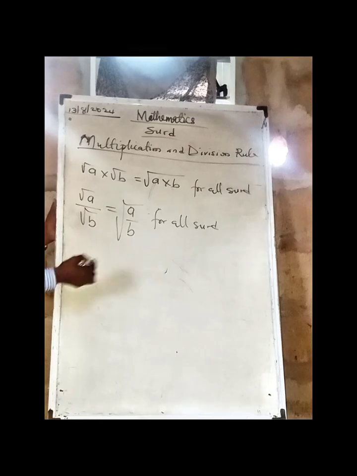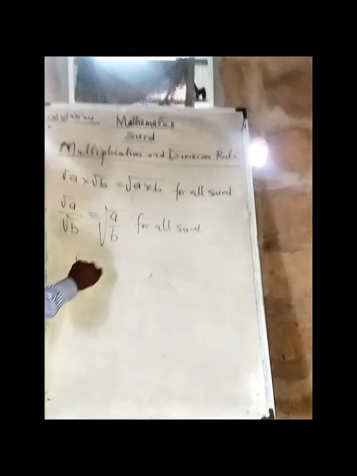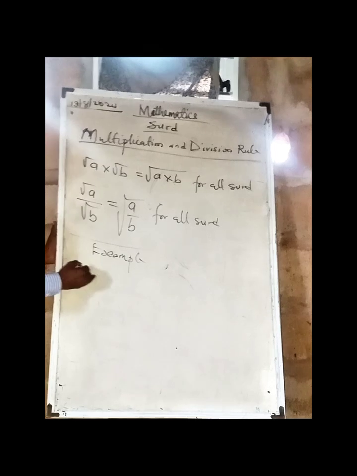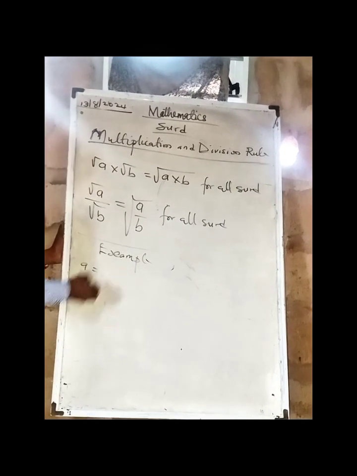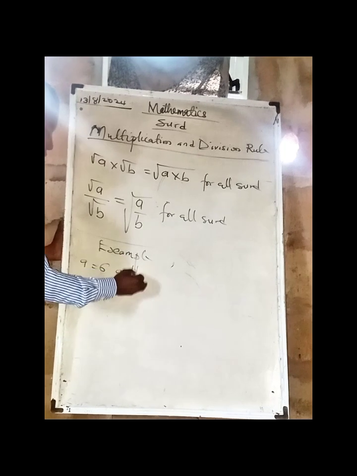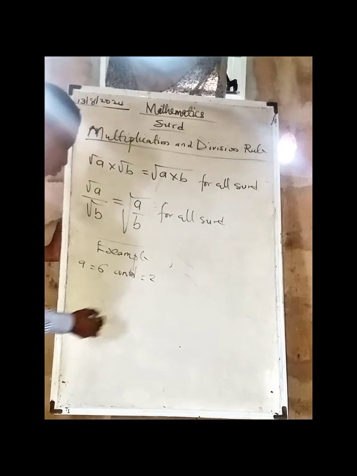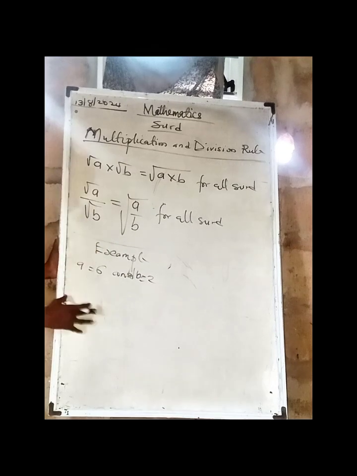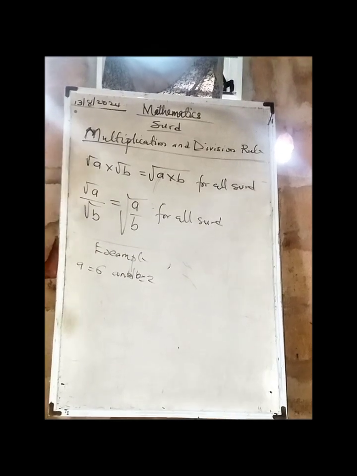When we say for all surds, it means applicable to all surds. Let's input a value to take just an example. Let's assume that A is equal to 6 and B is equal to 2. Let's input it for both multiplication and division.